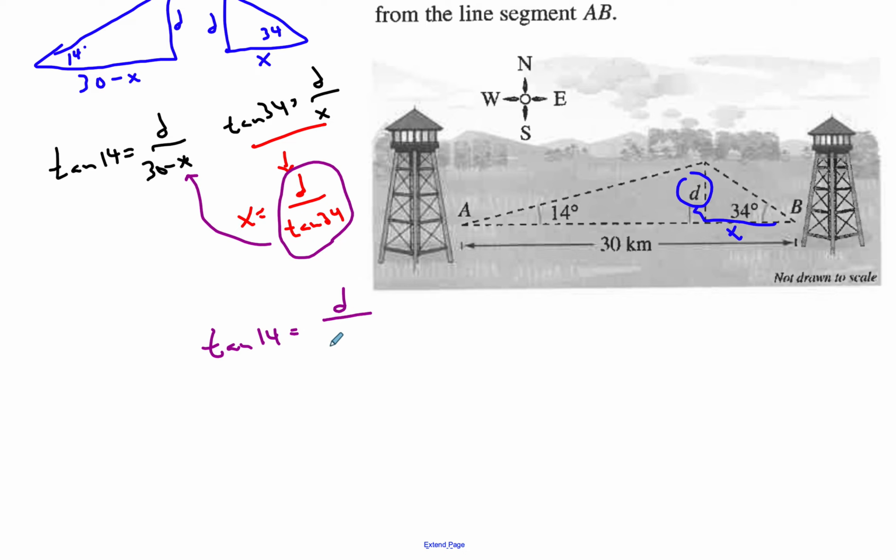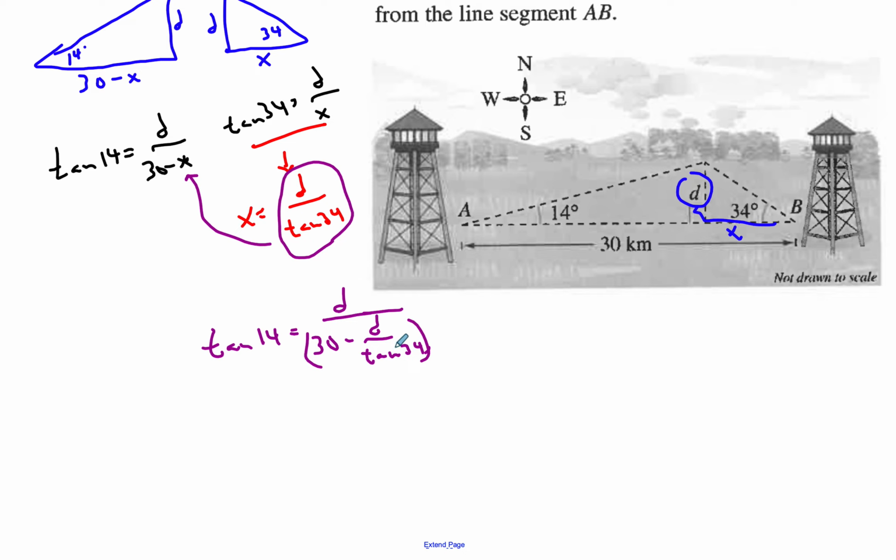So D over 30 minus D over tangent 34. So remember this is all of that, so that's like in parentheses. So I'm going to multiply both sides by that. I'm going to divide both sides by tangent of 14. In other words, they're basically going to switch places.